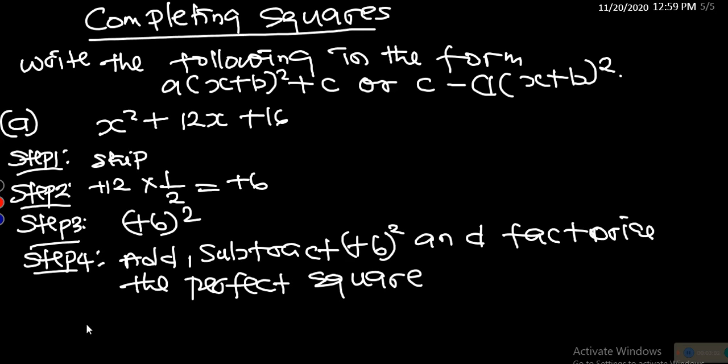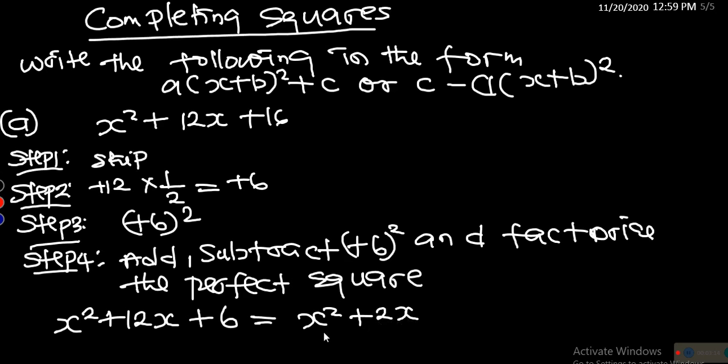Okay, so remember the equation we have, guys, is x² + 12x + 16. We are completing the square of this, so this is where we add our half squared, and then we subtract it again, and then we have the last step.